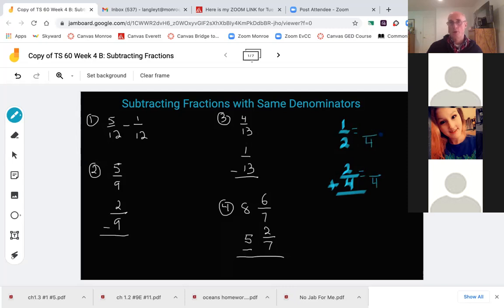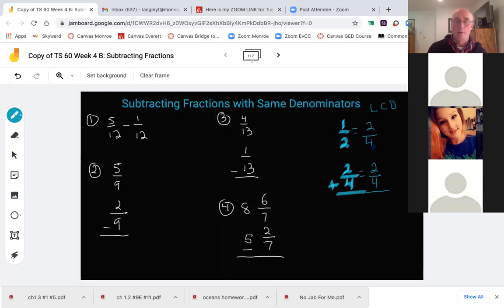Okay. And that's what they call the LCD, the lowest common denominator that they both multiply into. And then you go, well, 4 goes into 4 one time, so 1 times 2 is 2. 2 goes into 4 2 times, so 1 times 2 is 2. Then you would add, because the rule in adding and in subtracting fractions is you can't do it until you have the same denominator.